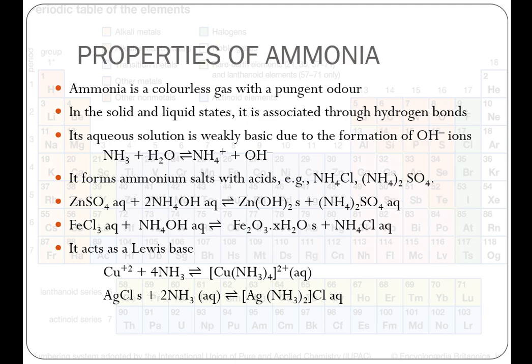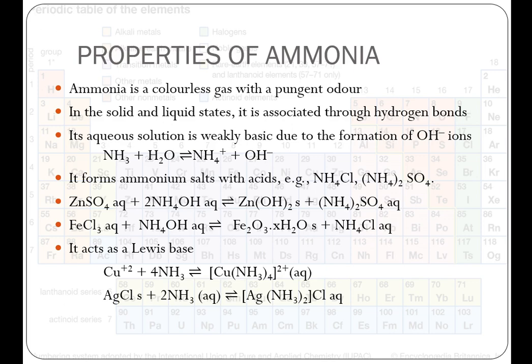As a weak base, it precipitates hydroxides of many metals from their salt solutions. You can see zinc sulfate on reaction with ammonium hydroxide gives us white precipitate of zinc hydroxide. Similarly, with ferric chloride we get brown precipitate of hydrated ferric oxide.